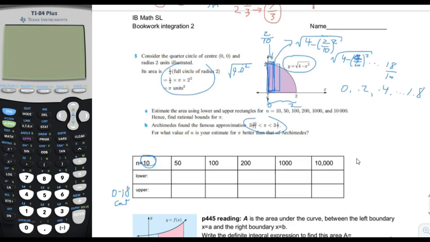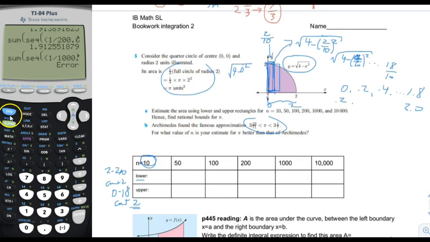And then for the lower, we're going to go from 0.2 to 2.0, counting by 2. So we get 2 to 20, counting by 2's. Okay, so let's try to make the equation for this one.